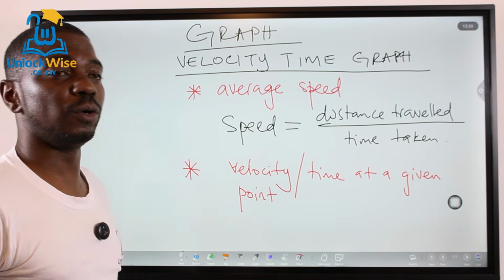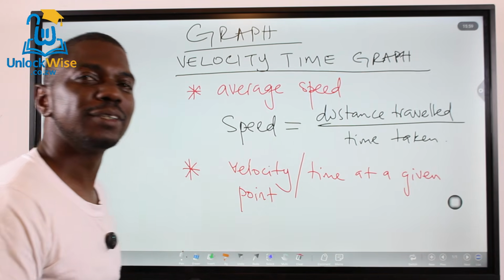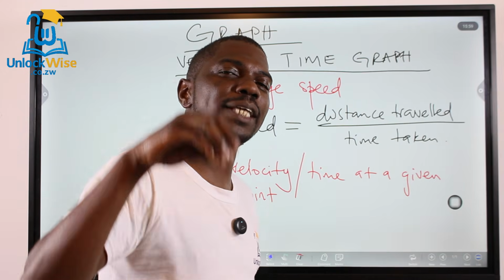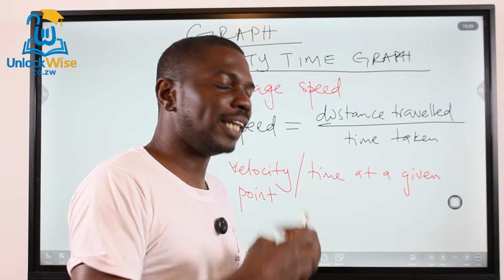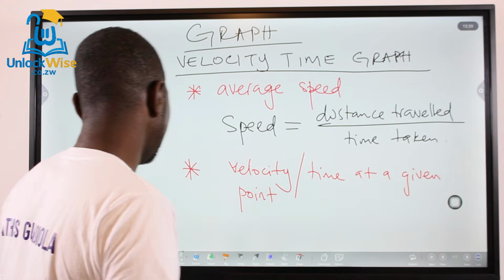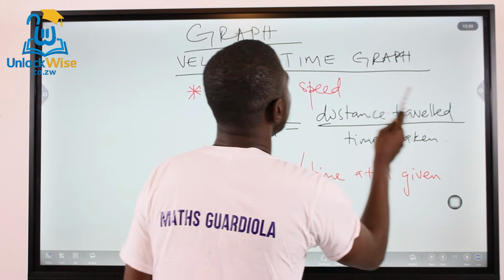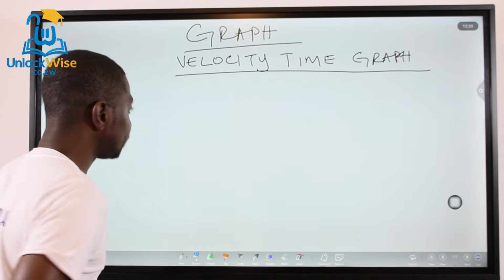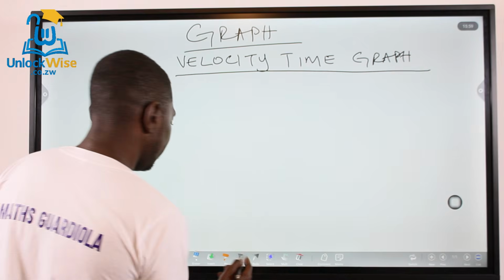So what I will do now is I will draw my velocity time graph and then make some questions as they will be made by your examiners, and then I will help you to answer them and make sure that you understand what you need to know. Right. So, or maybe let me do this.